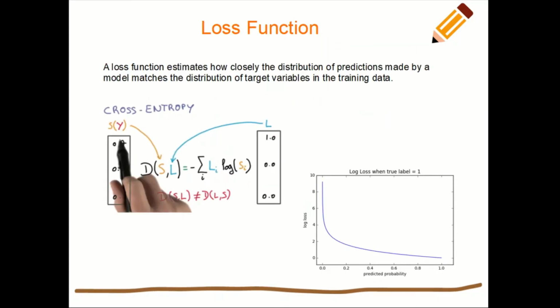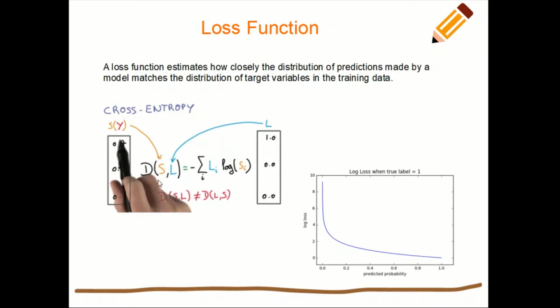So a loss function basically estimates how closely the distribution of the predictions made by a model matches the distribution of the target variables in the training data. If you look at this picture here, this is the softmax output of the model. Usually the model will calculate the logits, and then we apply the softmax function to get the probabilities.